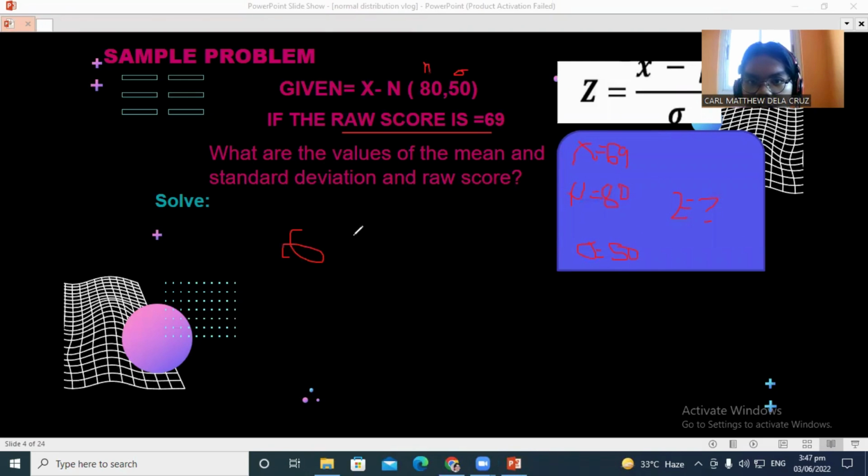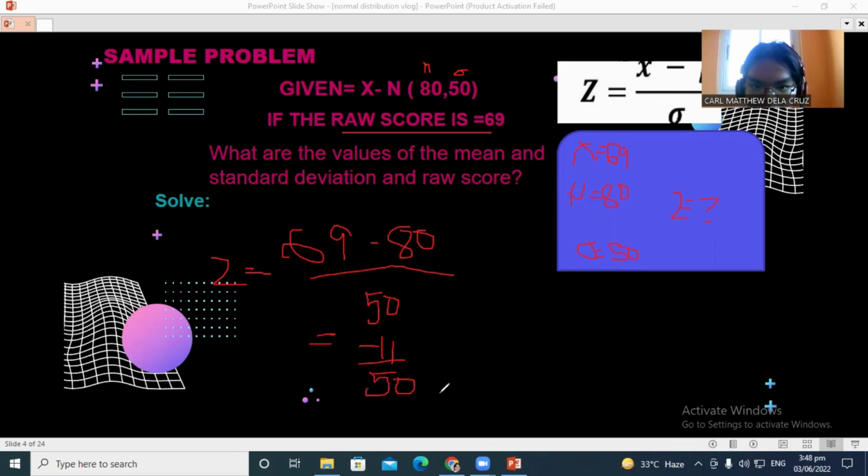So 69 minus 80, divided by 50, gives us negative 11 over 50. After you subtract, you divide by 50. So the z-score is 0.22.